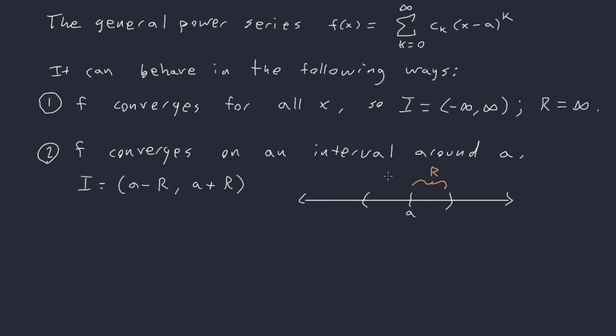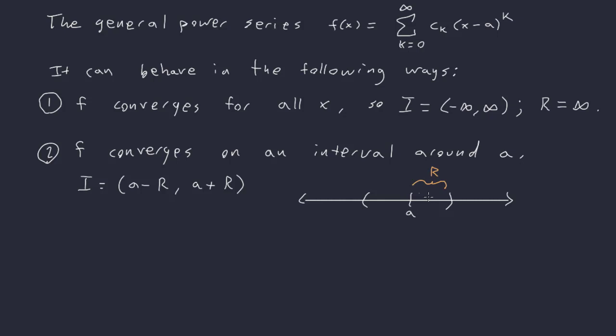It will always happen that way. If it doesn't converge everywhere, then it will converge on a nice balanced interval around the center. There's a reason it's called the center, a reason it's called the radius, because it's nice and balanced that way.